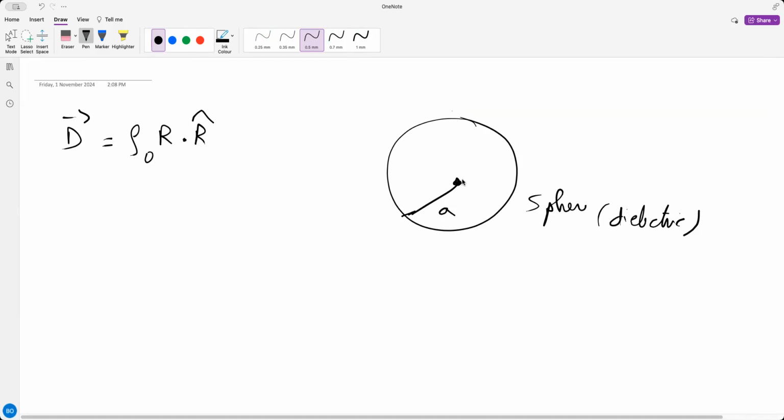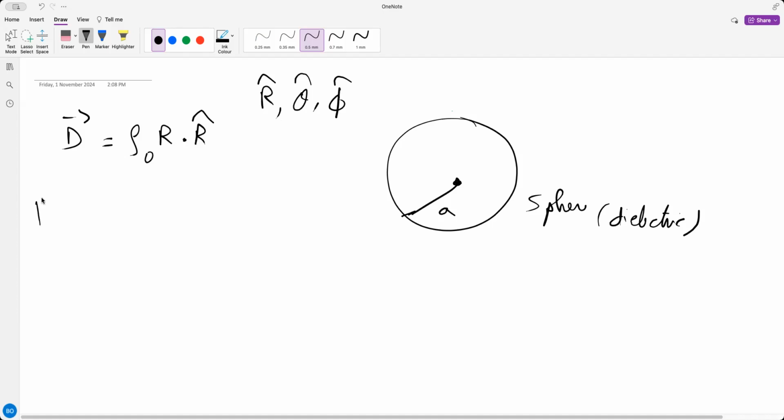Now, please remember, when I gave you the unit vectors r, theta, phi, which coordinate system are we talking about? Spherical, exactly, spherical coordinates.